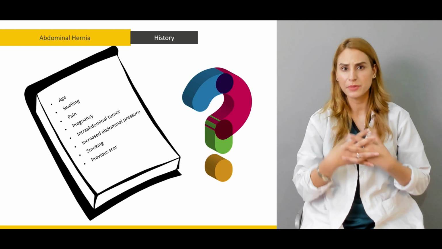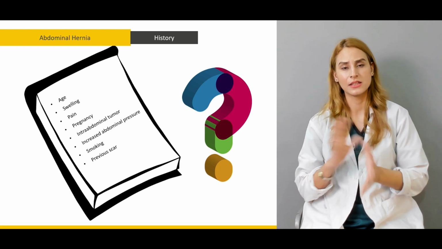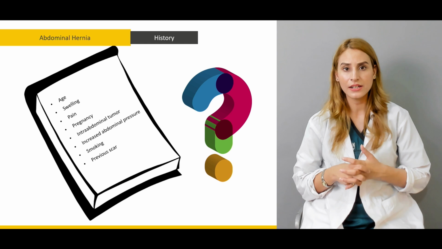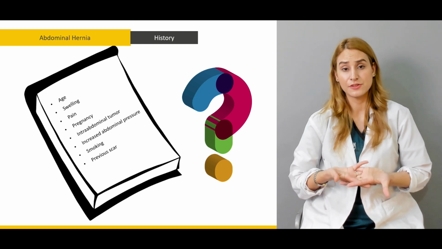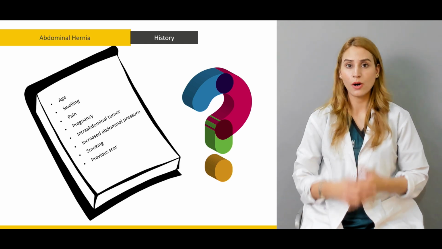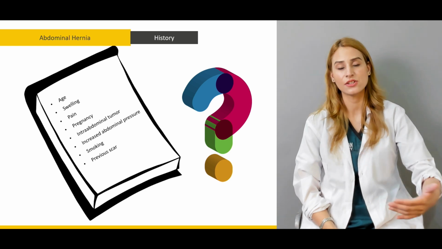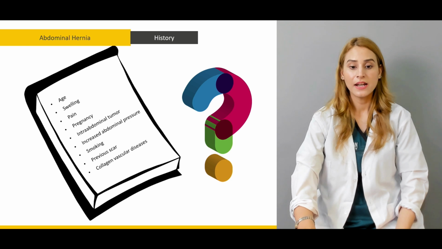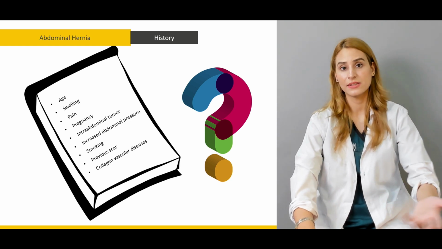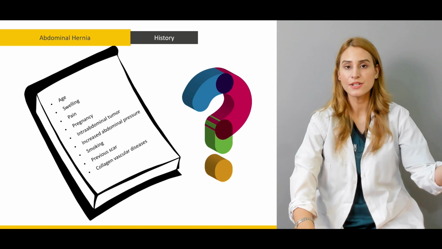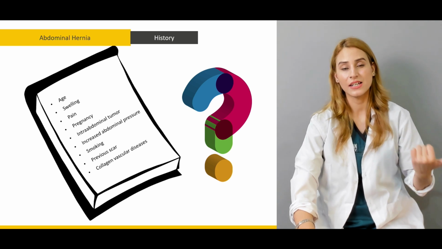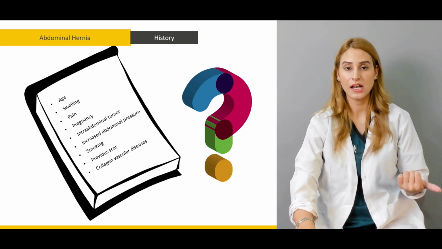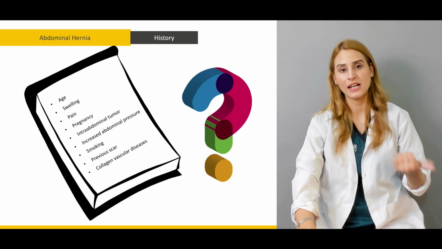Previous scar means previous surgery, because the wound strength is already reduced by 30%, so there are more chances of incisional hernia. In history, you'll also ask about collagen vascular diseases. I already told you that some kinds of inherited, genetic hernias are because of these collagen deficiencies.